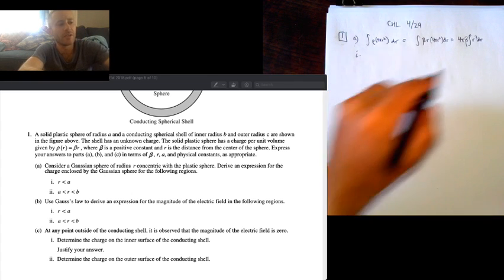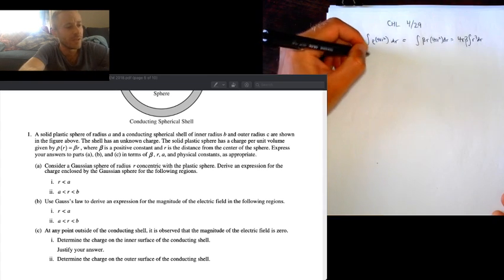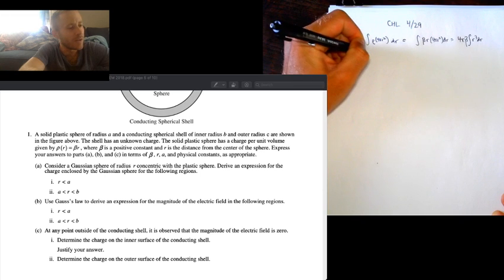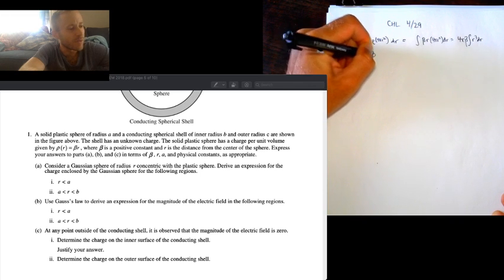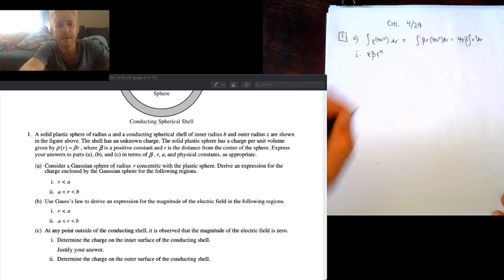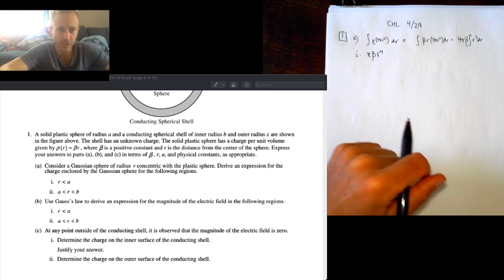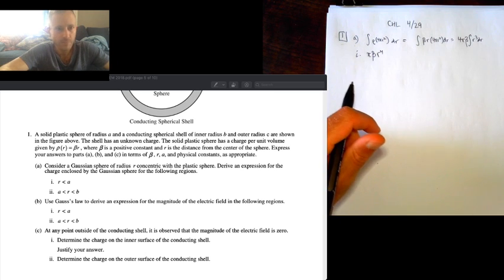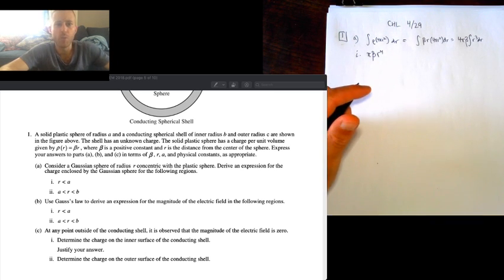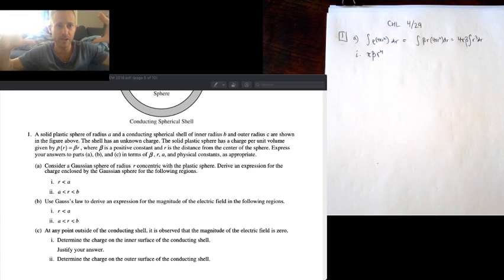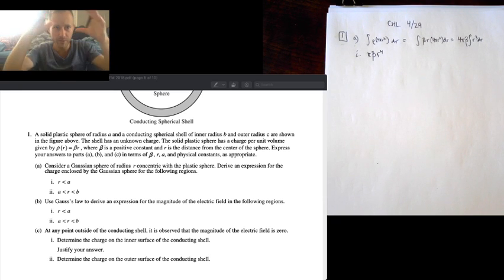So doing that integral is going to give me pi beta r to the fourth power. Okay, so that's in the plastic sphere region. Once we go outside the plastic sphere, our Gaussian sphere is going to be enclosing all of the charge in the plastic sphere.